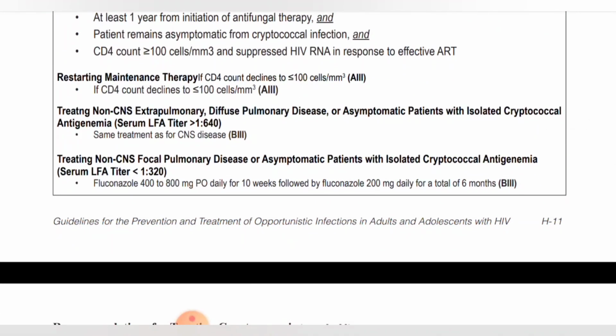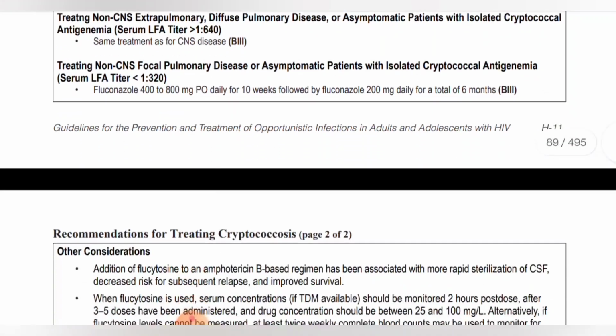In patients with non-CNS focal pulmonary disease or asymptomatic with cryptococcal antigenemia less than 1:320, fluconazole 400 to 800 mg orally for 10 weeks followed by fluconazole 200 mg for a total of 6 months is advocated.